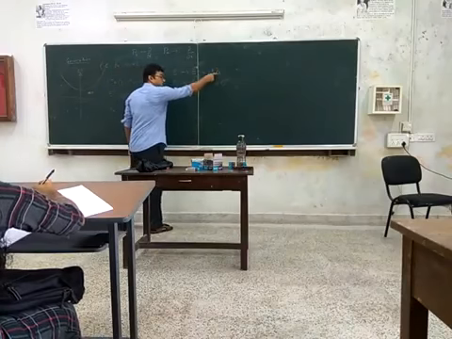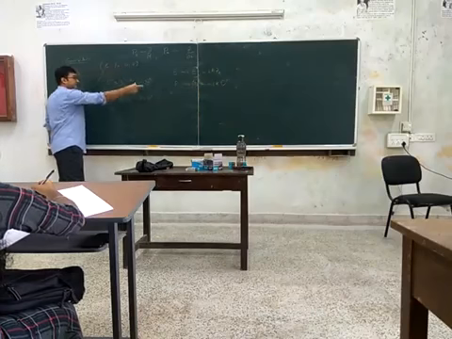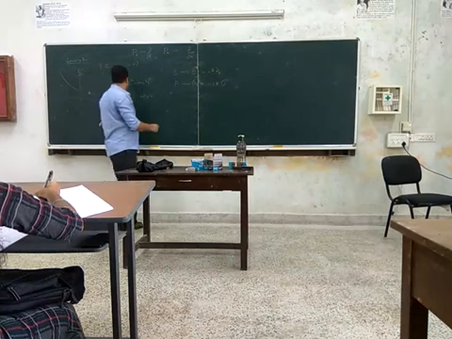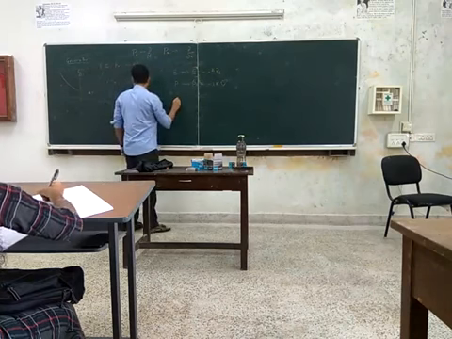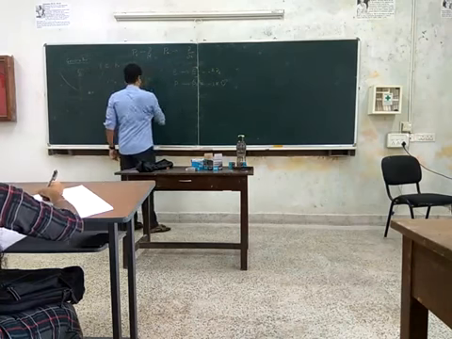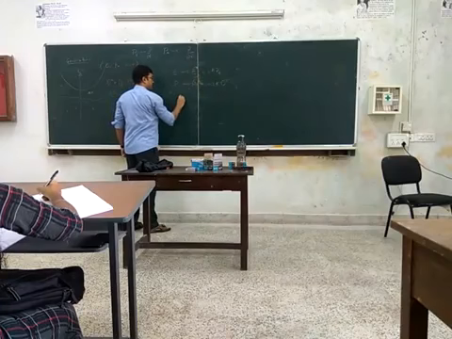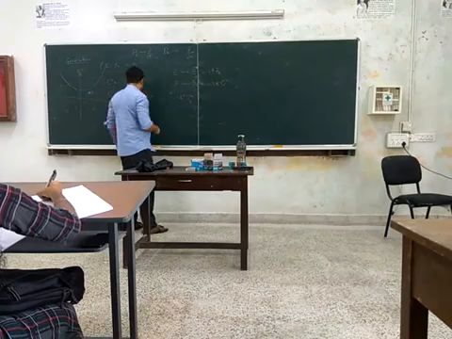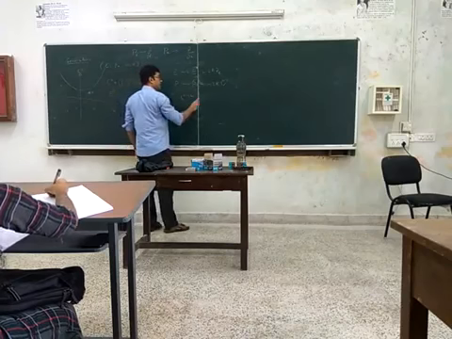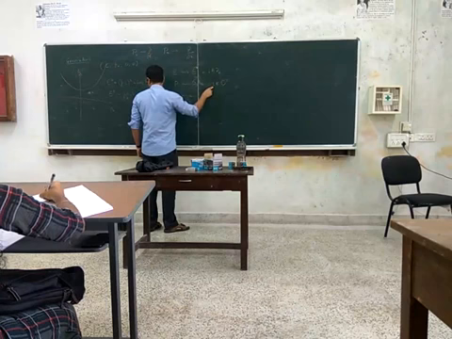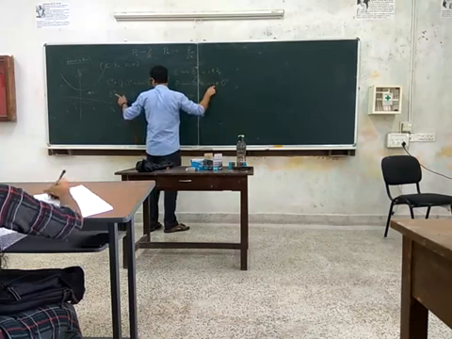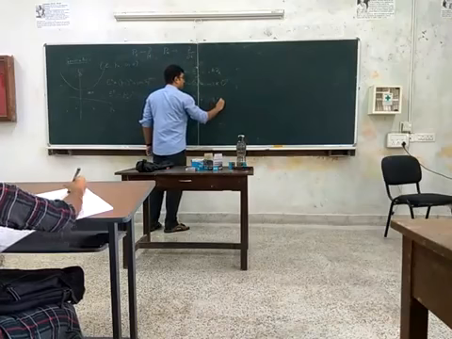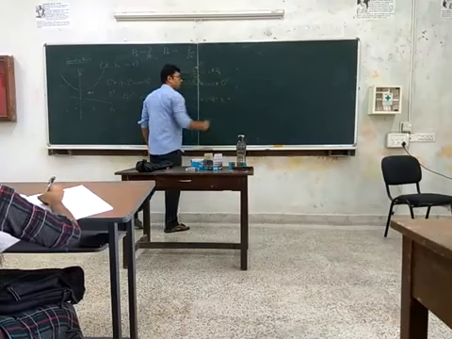If you put these expressions back in here, you get minus h bar squared d t squared for the energy term. For the momentum term, you get plus c squared h bar squared del squared.